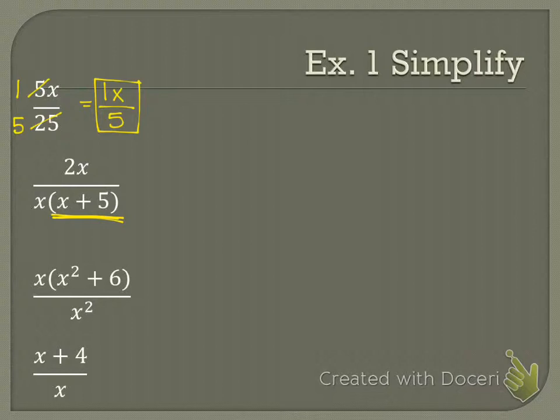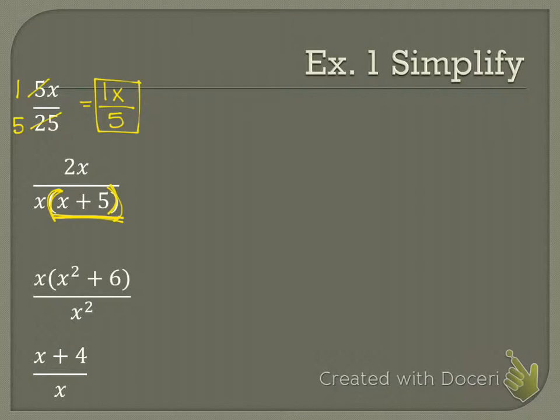A family is two terms joined by a plus or a minus sign. So that x and that plus 5 are joined together, and they cannot be touched. I cannot cancel out these x's. I can never break anything apart from the family. If you memorize that, you will do fine on this lesson.